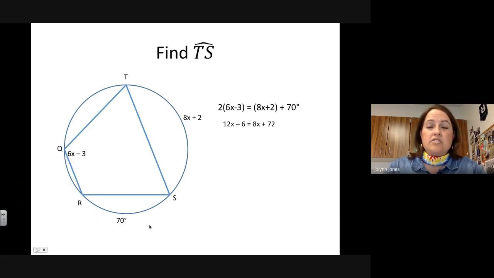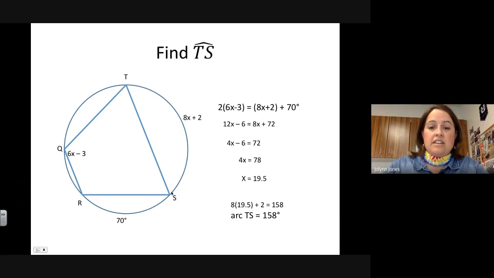I distribute, combine like terms, and solve for x, and I can figure out that x is 19.5. Now, if that's 19.5, I can substitute this in for x and figure out that the measure of arc TS is 158 degrees.